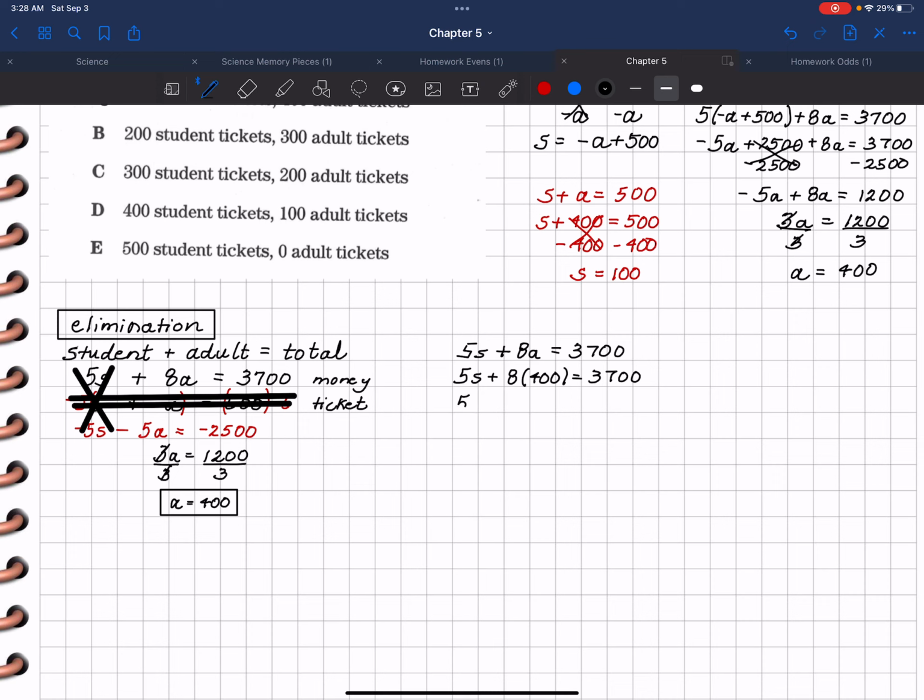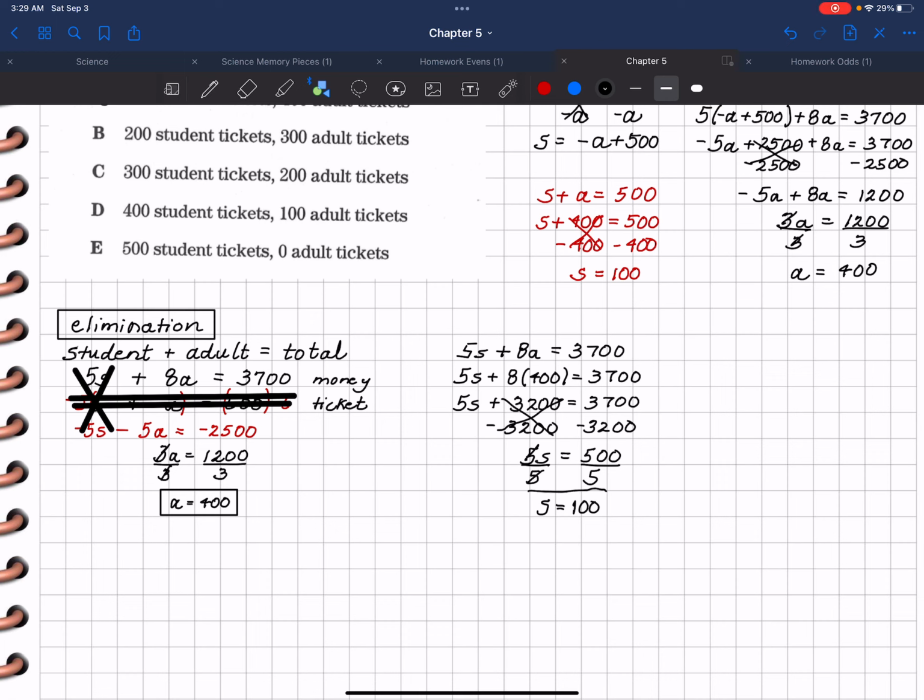So this will work. 5S plus 3,200 equals 500. Divide by 5. So the number of student tickets was 100.